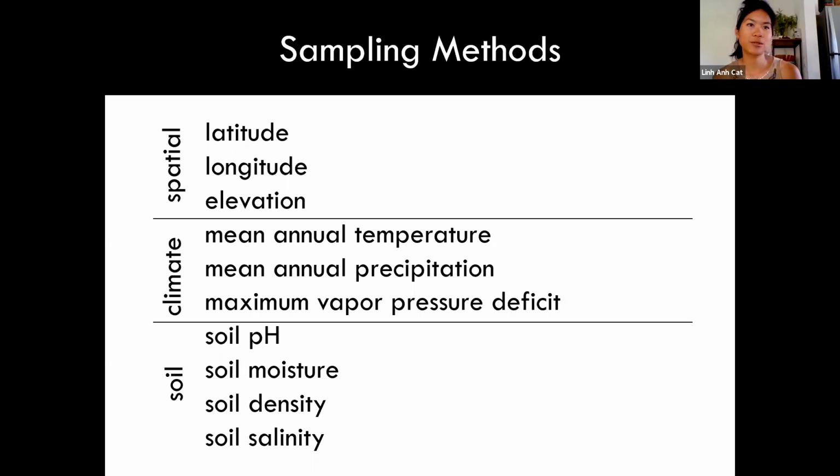Soil characteristics include how acidic it is, how moist the soil is, whether it's really packed or kind of sandier, and soil salinity is the last characteristic. So we collected all of those on our road trip, and then a lot of the work for microbial ecology is done in the lab.